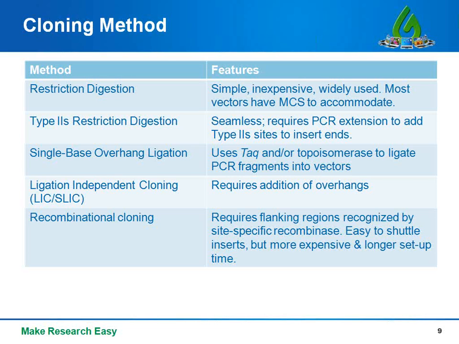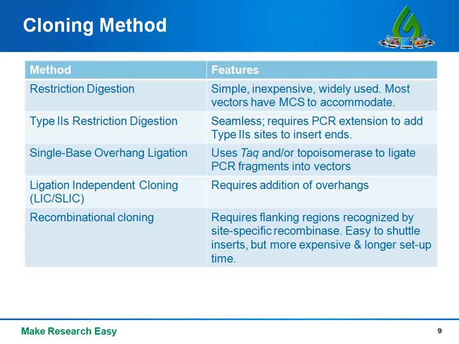Another approach is ligation-independent cloning, or a variant, sequence and ligation-independent cloning, SLIC. This also requires the addition of overhangs, but it doesn't require a ligase enzyme, as the name suggests. And then finally, recombinational cloning, again, requires the addition of flanking regions that will be recognized by a site-specific recombinase.